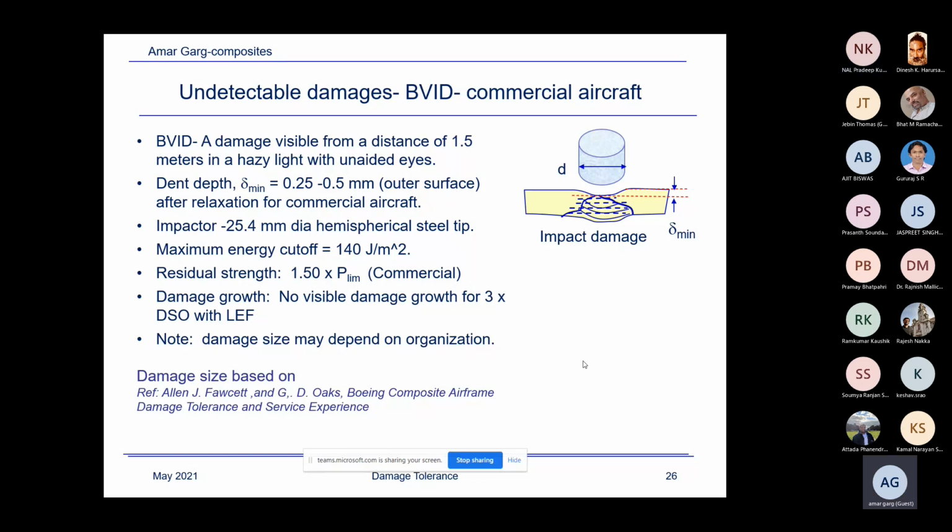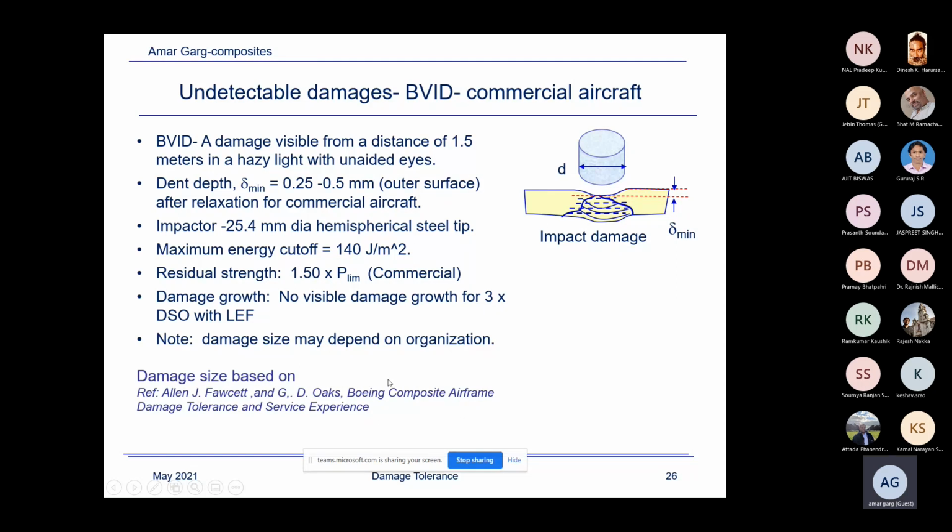Now, this BVID damage, what you are seeing on the screen. A couple of days back, I had written to Kotesh and Dr. Ramesh that NAL is using the criteria of 1.2 to 1.3 millimeter. From the Boeing publication, which I've put here, the damage size based on the alpha set is in the public domain.